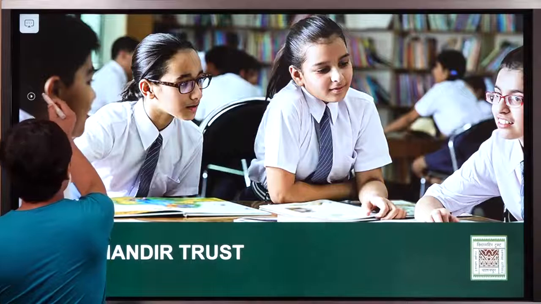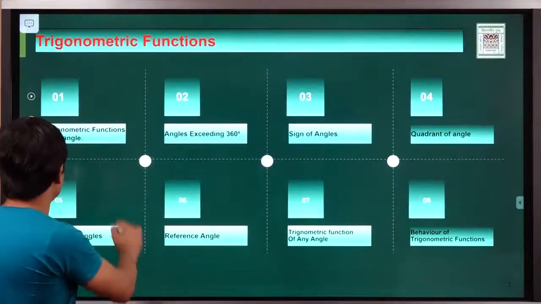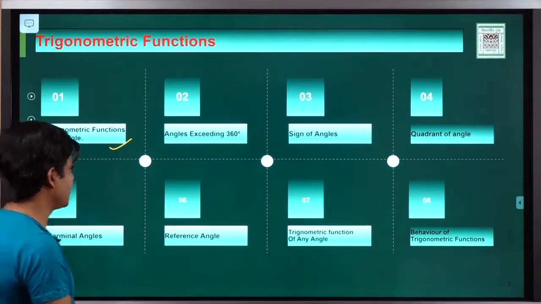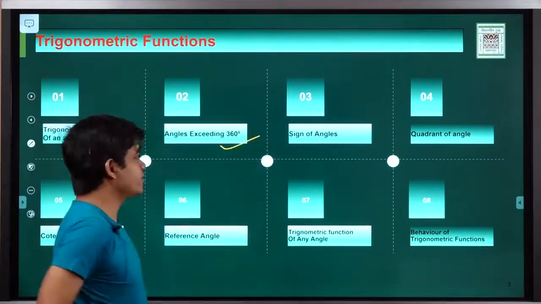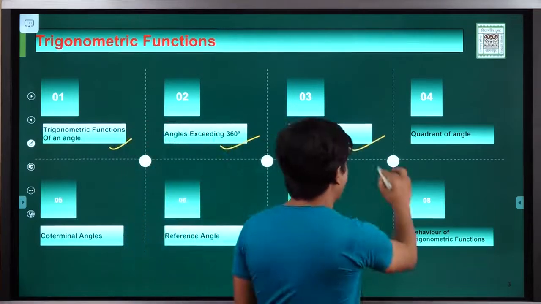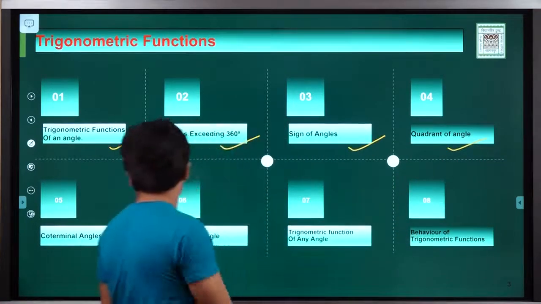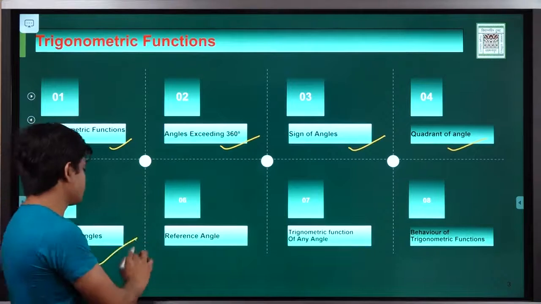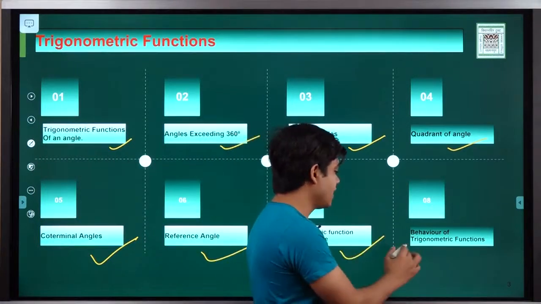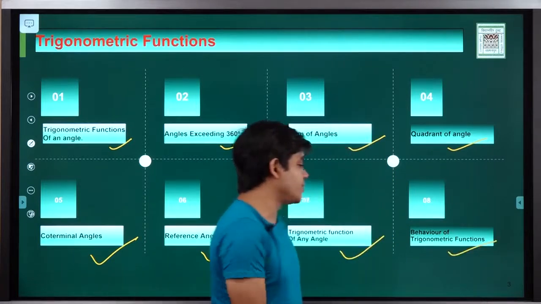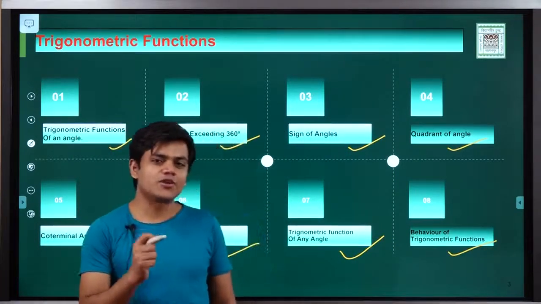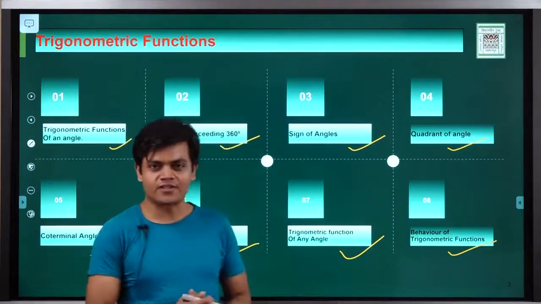Today we are going to discuss trigonometric functions of an angle. Thereafter we will discuss angles exceeding 360 degrees, sign of angles, quadrant of angles, coterminal angles, reference angles, trigonometric functions of any angle, and thereafter we will see the behavior of trigonometric functions.